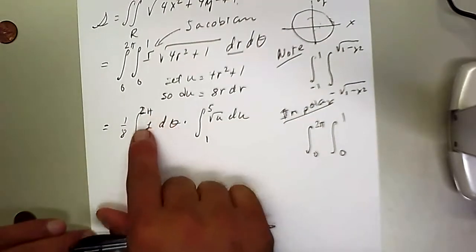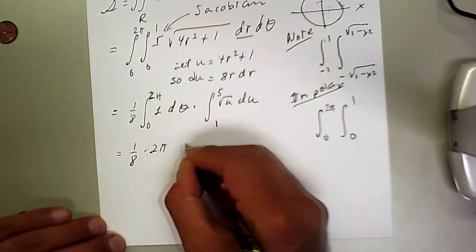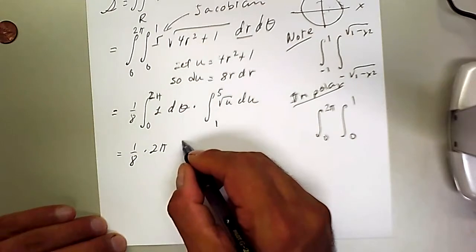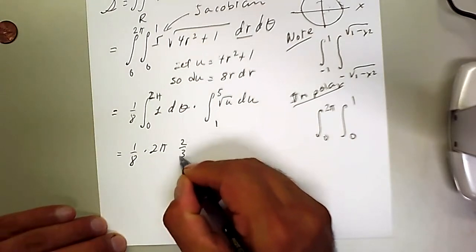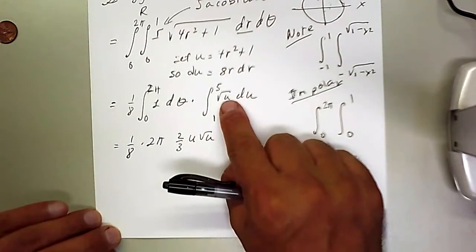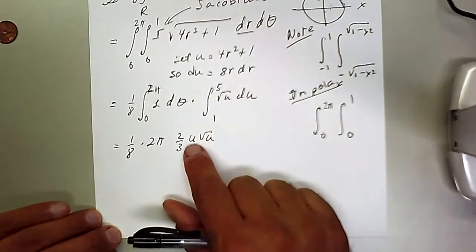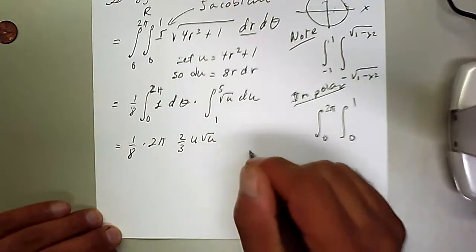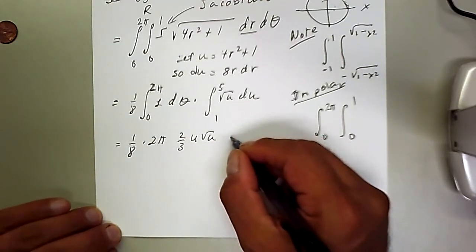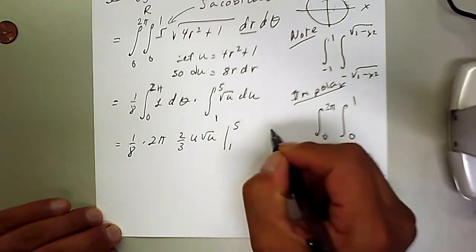The first integral is going to be 2 pi. So we still have 1/8 times 2 pi. And then this is 2/3 u square root of u. Really, it is u to the 3/2 after we do the antiderivative, but u to the 3/2 is the same thing as u root u. And then we have to evaluate this from 1 to 5.